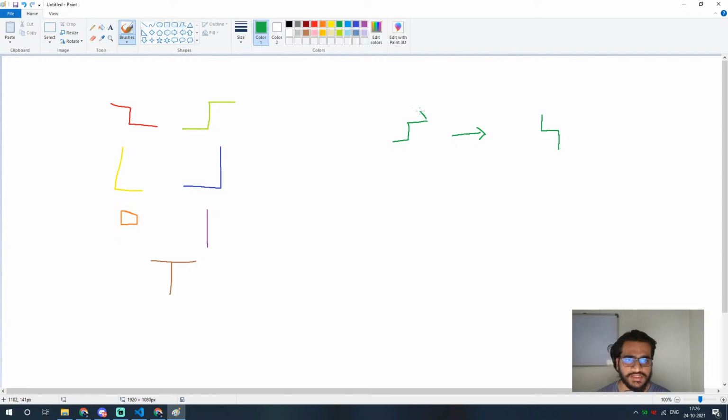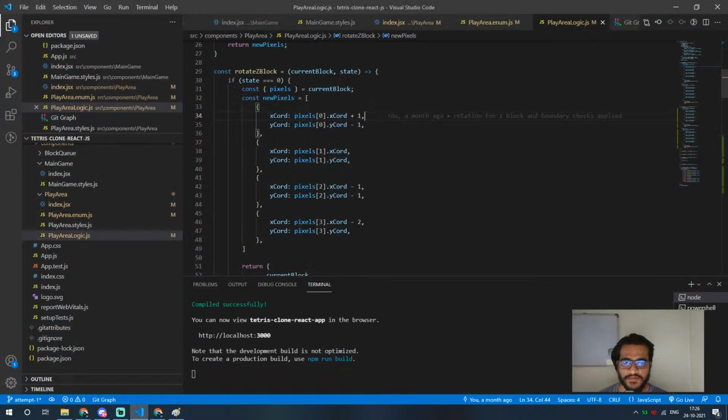What would we do here is, for this pixel, we would minus 1 in X and minus 1 in Y. So this pixel would be minus 1X minus 1Y. So this must be the first pixel, right?